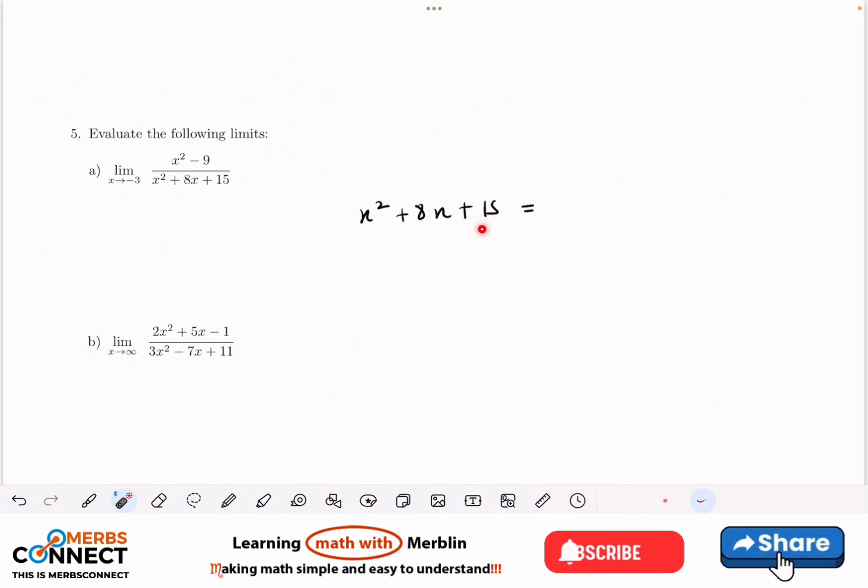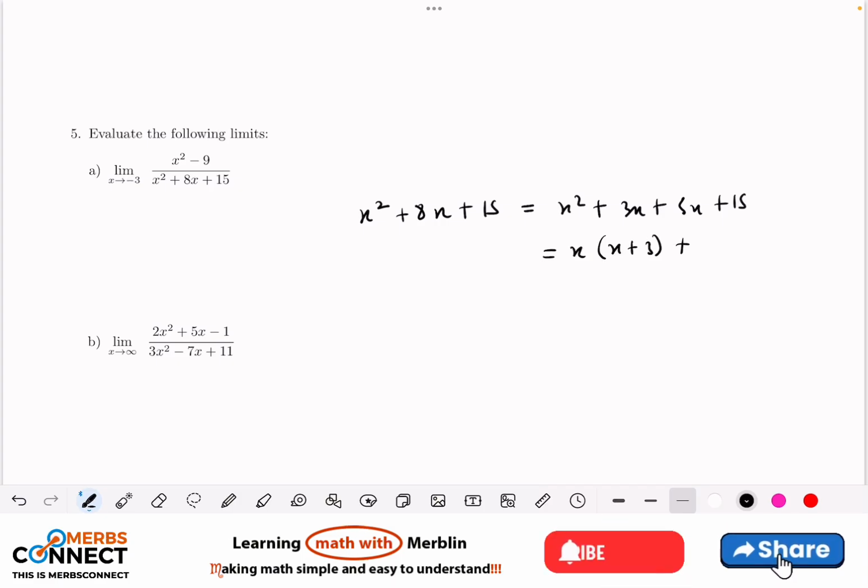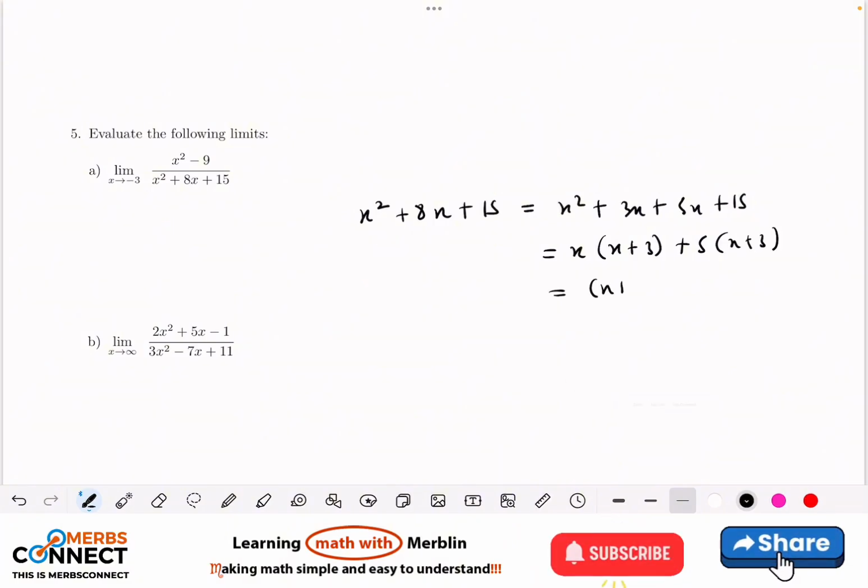So we can think of 3 and 5. 3 and 5 are factors of 15, and when I add, I get 8, and when I multiply, I get 15. So this is the same as x squared plus 3x plus 5x plus 15, which is, if I factor x out, x times x plus 3, plus I factor 5 out, 5 times x plus 3. So this is the same as x plus 5 times x plus 3.